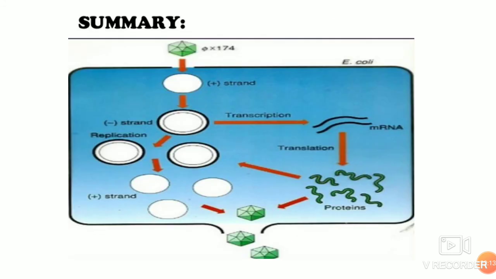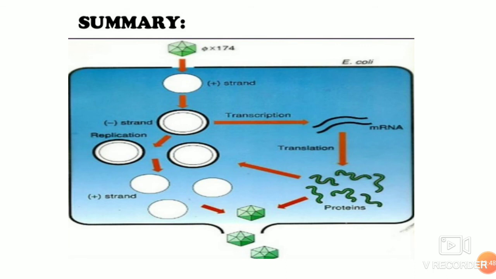So altogether, the recognition of a specific lipopolysaccharide is by the G protein. The G protein then dissociates, causing an interaction of the F protein and H protein with the membrane components, and then there is a structural change in the F and the H protein, which makes a channel in the outer membrane and inner membrane of the bacteria, injecting the positive single strand circular DNA into the cell.